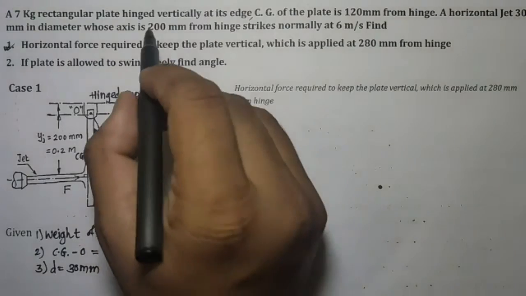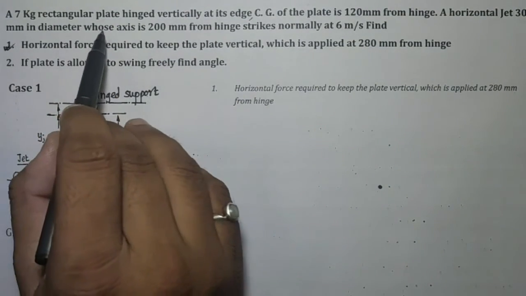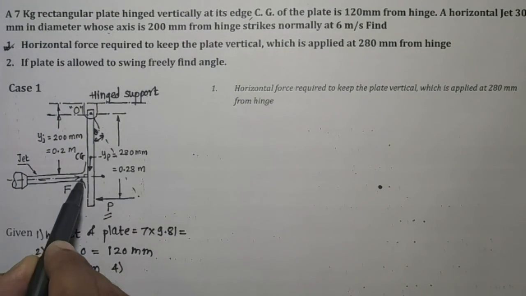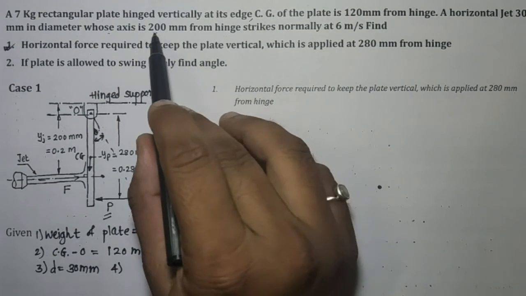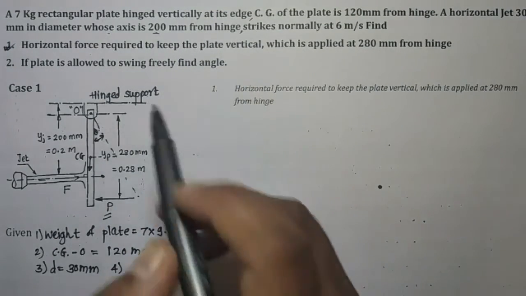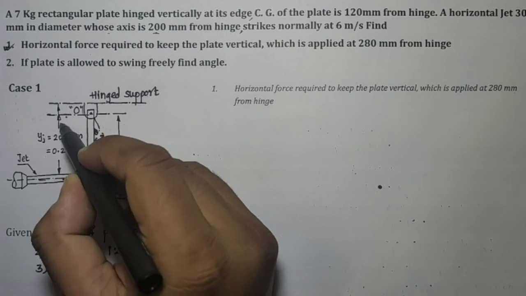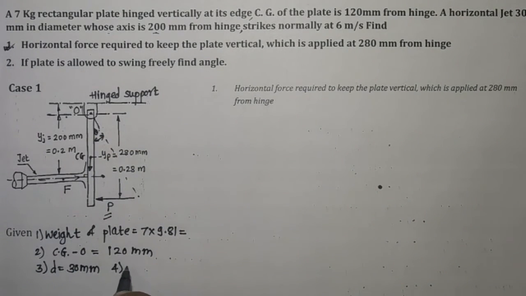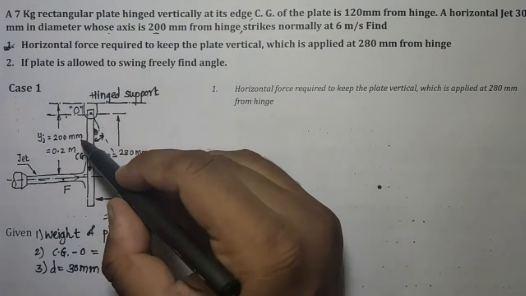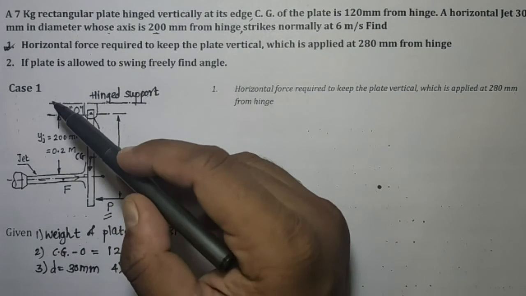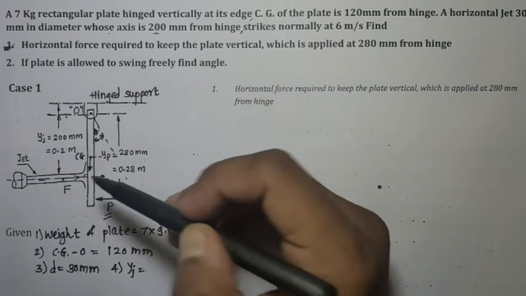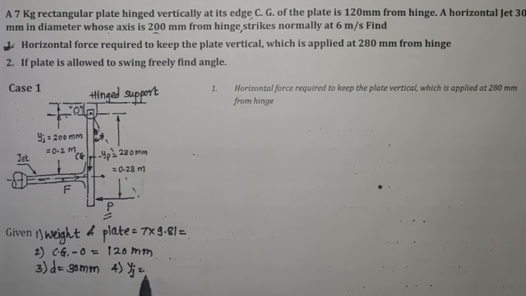The fourth thing given is that the axis of the jet is 200 mm from the hinge. From this hinge support to the axis of the jet, we consider the distance yj, the distance of the jet in the y direction. So 200 mm converted into meters is 0.2 meter.